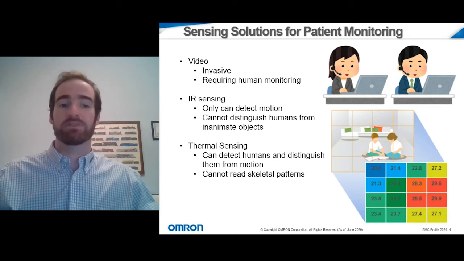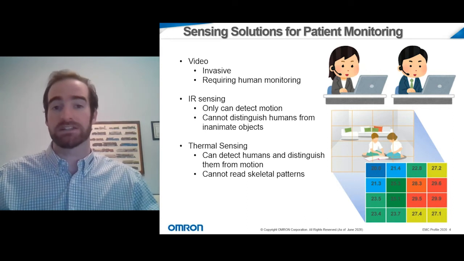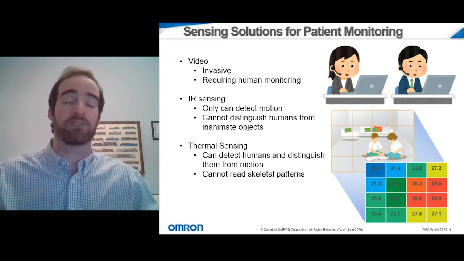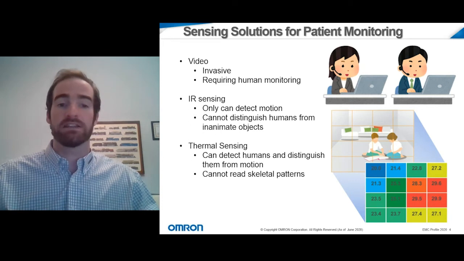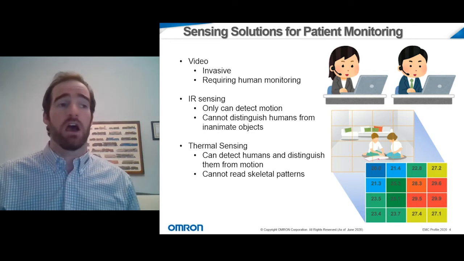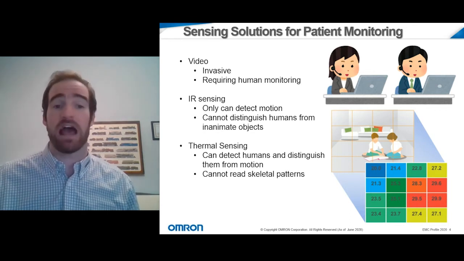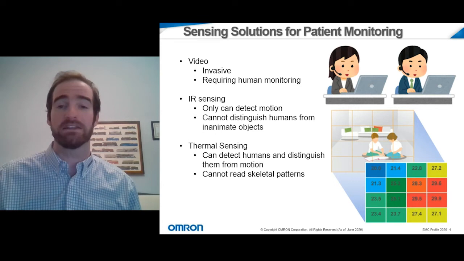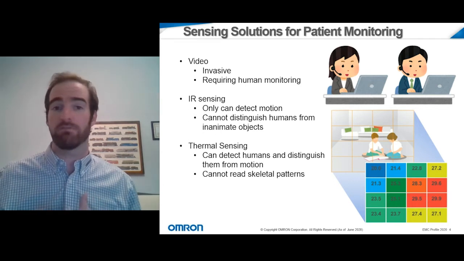The sensor is able to detect motion and human presence because it's gathering thermal data and reading the temperature changes and warmer bodies in a room relative to the surrounding space. There are also benefits to these thermal sensors: algorithms can be implemented to distinguish human bodies from other warm bodies that may be in the room.